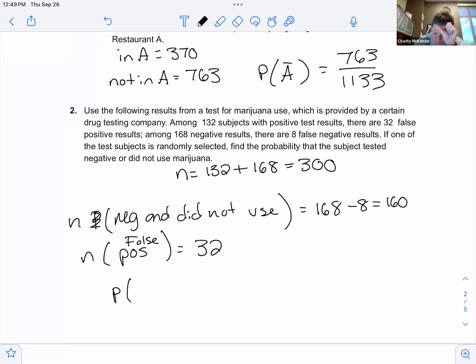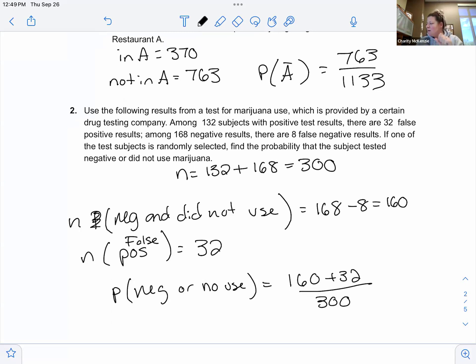So the probability for people that were negative or didn't use is going to be the 160 plus the 32 over the total. 160 plus 32 is 192 out of the 300.